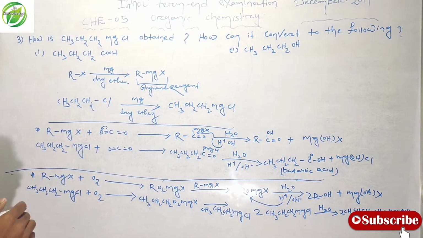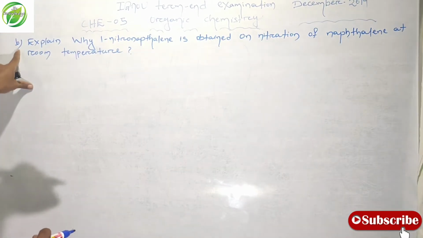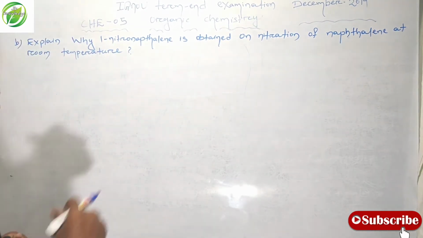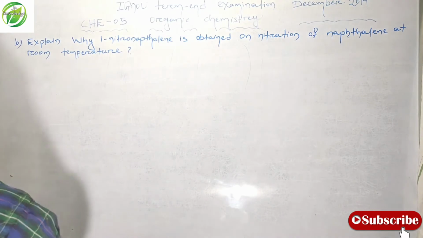Let's go to the next question. This is question number B. Explain why 1-nitronaphthalene is obtained on nitration of naphthalene at room temperature.